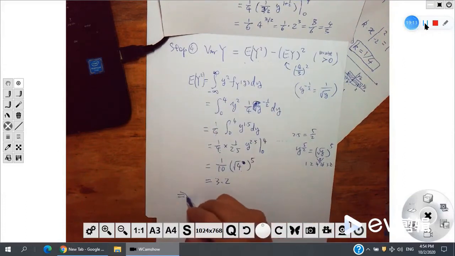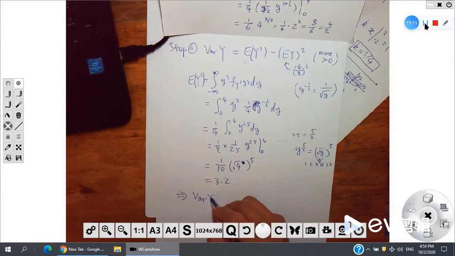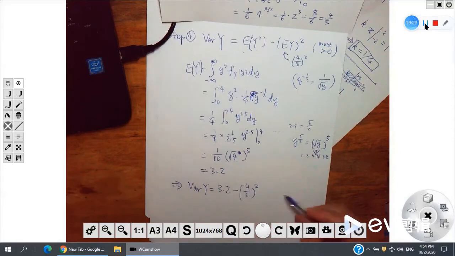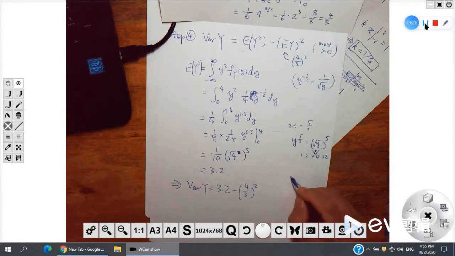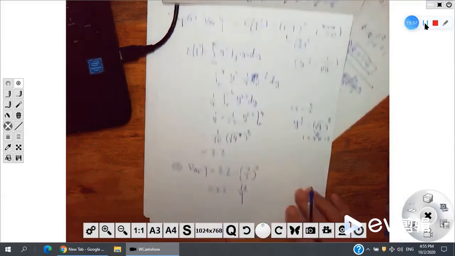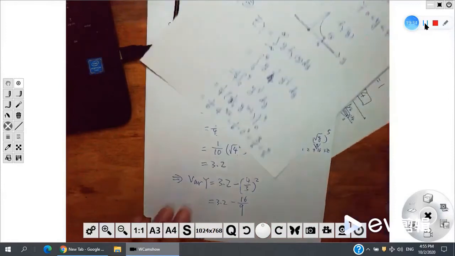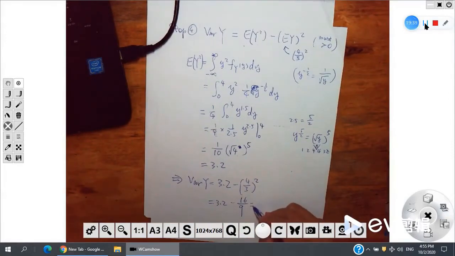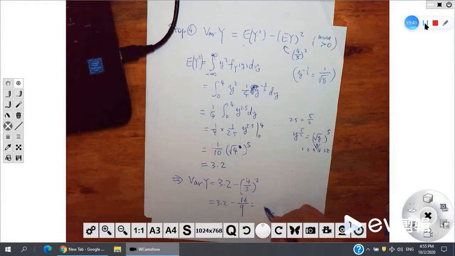Then the variance of y will be 3.2 minus 4 over 3 squared. What is this? 4 over 3 squared is 16 over 9. So 3.2 minus 16 over 9. If you have a calculator, you can use it. And I can also write it as a fraction. I just use 9.